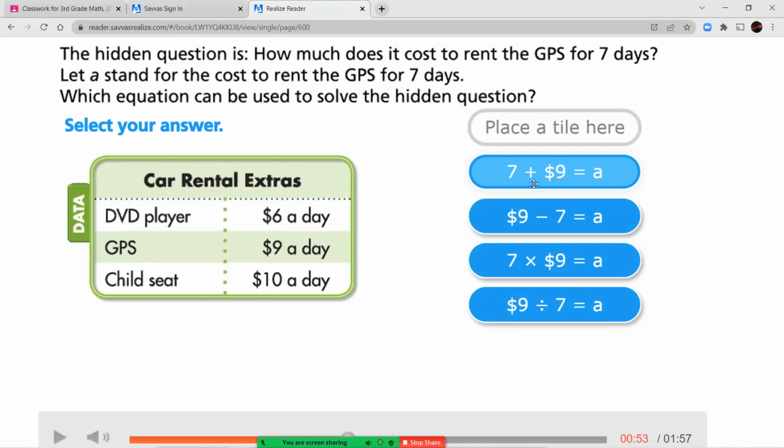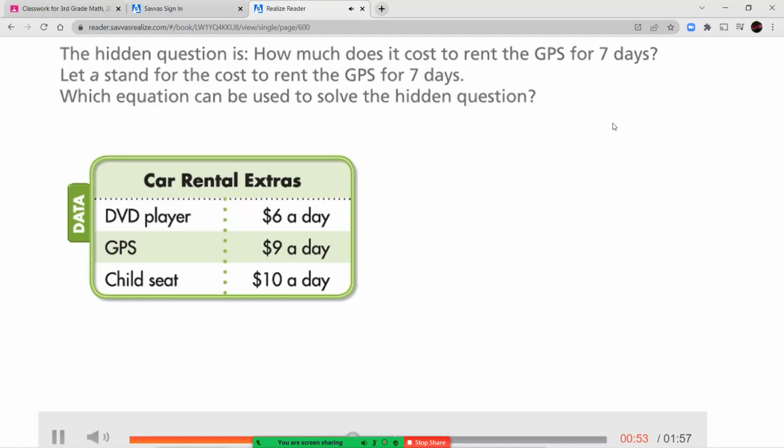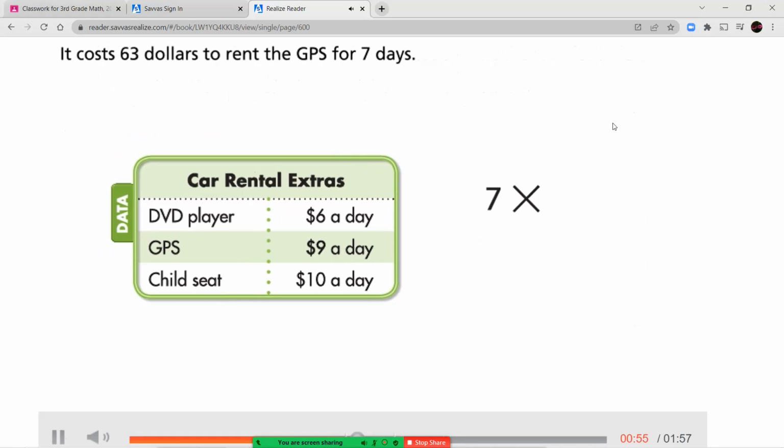It's not 7 plus 9. It's not 9 minus 7, and we're not dividing. We're trying to figure out over 7 days, and we're paying $9 each day. How much is that going to be? 7 times $9 equals A, which equals $63. It costs $63 to rent the GPS for 7 days.